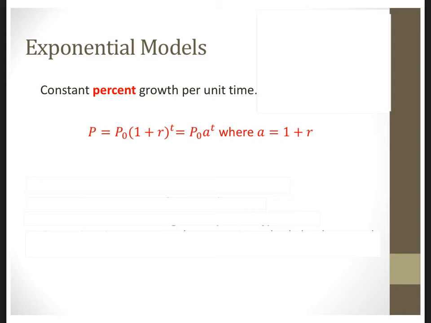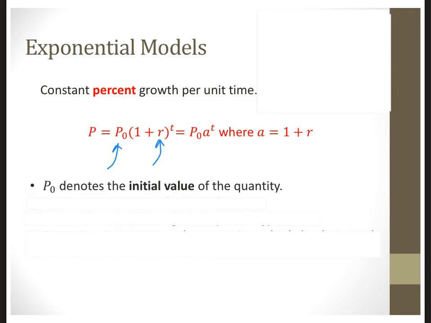For example, these equations have 2 parameters in them. One parameter is the R, and the other parameter is this P0. As long as I know by what percent my quantity is increasing each year, and I know how much I have at year 0, then I can come up with a model and make predictions out into the future or the past.